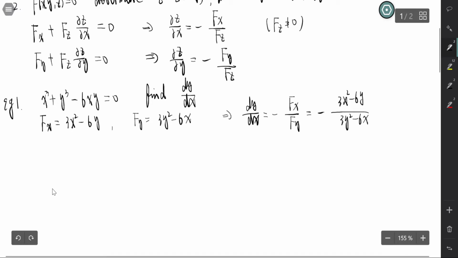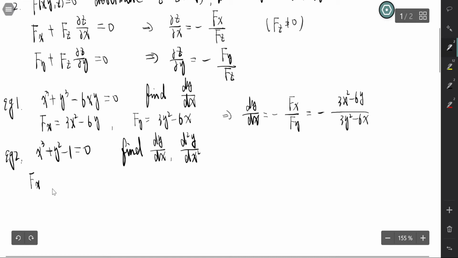Okay, the second example. If x cubed plus y squared minus 1 equals 0, we need to find dy over dx and the second derivative, d squared y over dx squared.